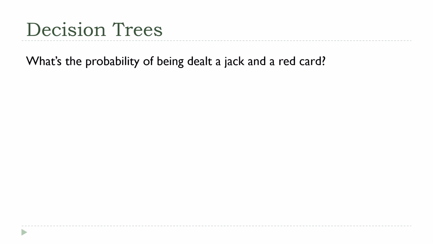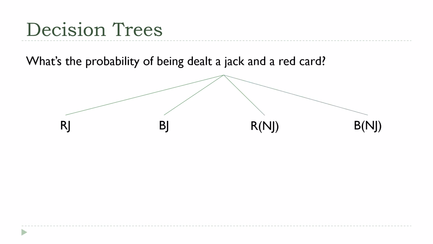One possibility for the first card is that it's a red jack. Second possibility is that it's a black jack. Third possibility is that it's a red card that's not a jack. And the fourth possibility is that it's a black card that's not a jack. I want you to think these through and confirm for yourself that these are all of the possible options for being dealt a single card.